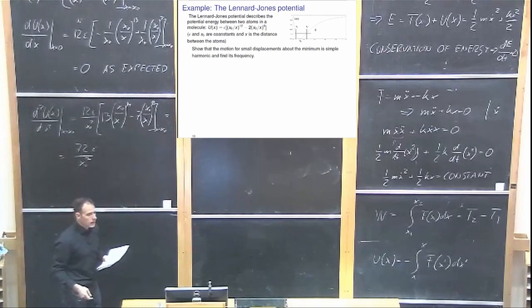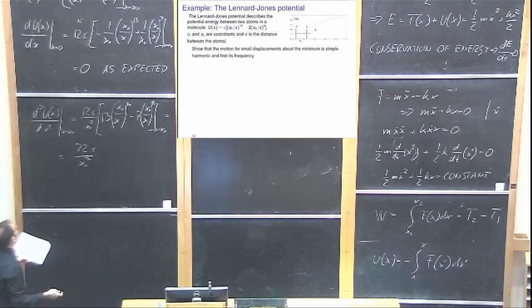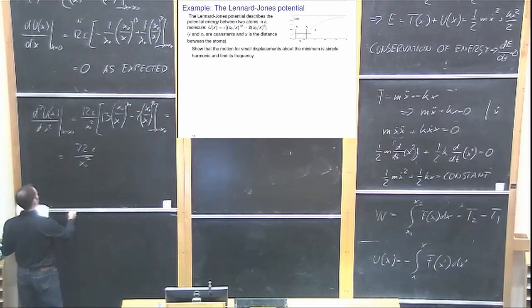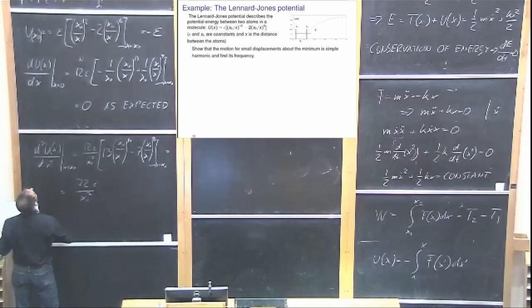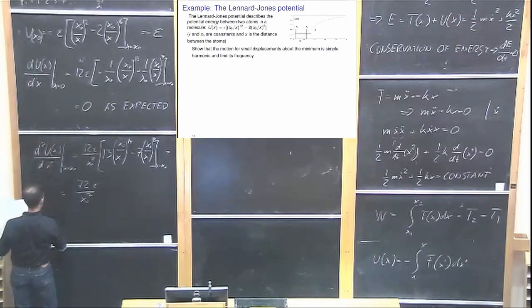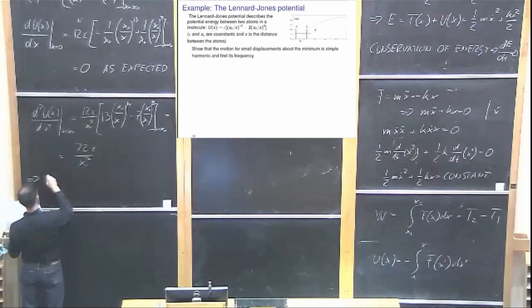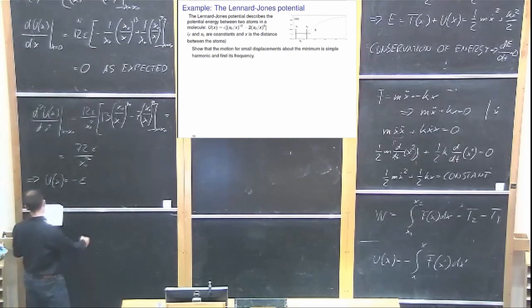Now, these are all the terms which we've tried to solve and put together. If we put them together in the u of x which we had originally, we end up with u of x equals, the first term we found out is minus epsilon. The du by dx is 0.